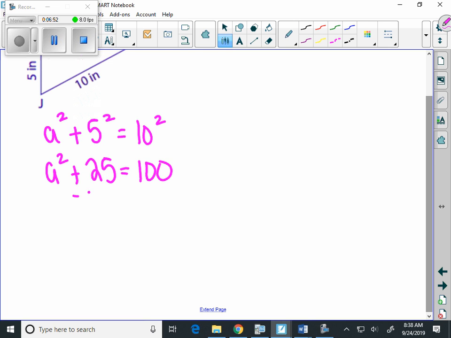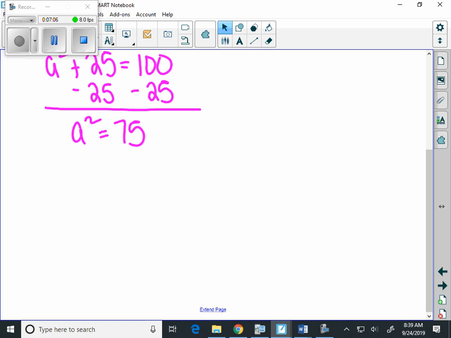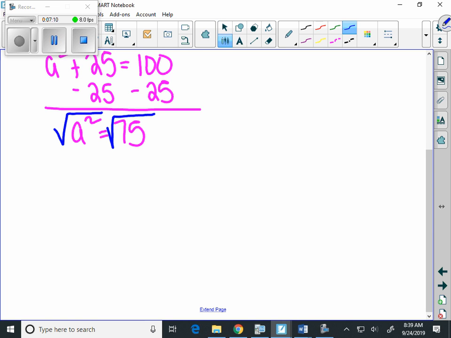If we subtract 25 from both sides, we get A squared equals 75. And remember to undo that squared part, we're going to have to take the square root. And we'll round to the nearest tenth eventually.